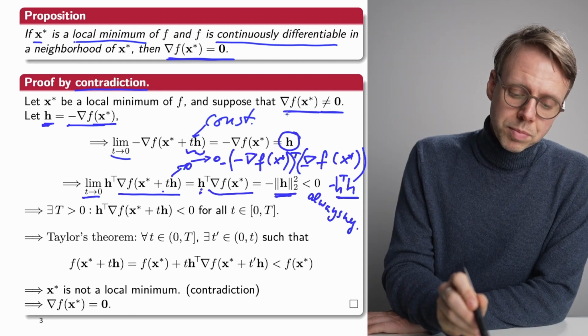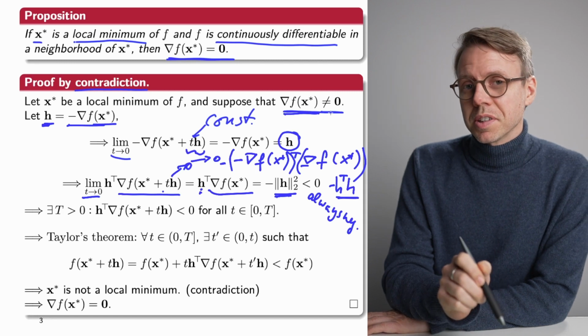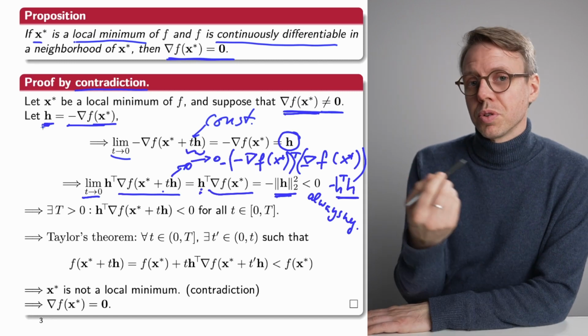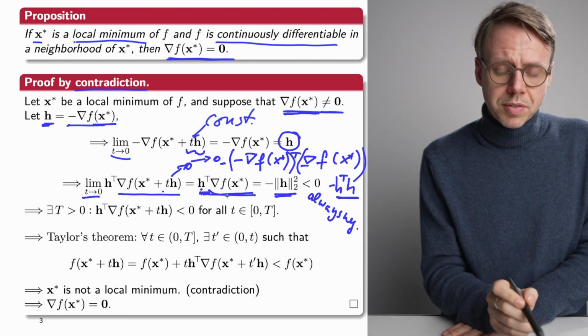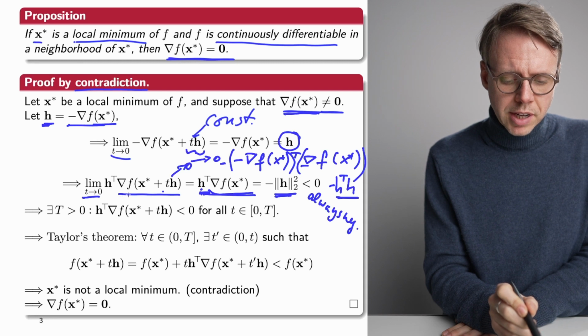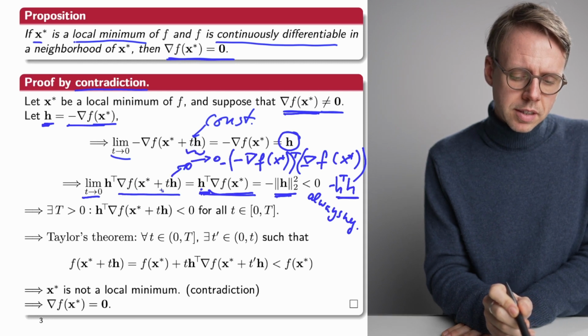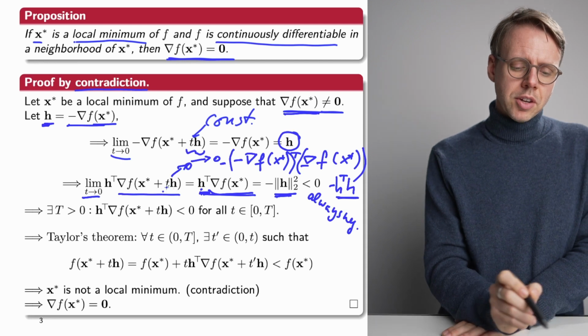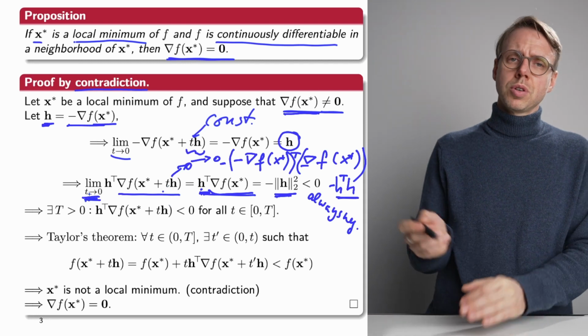But we have assumed that the gradient of f at this point x star is not equal to 0. Thus, h is also non-zero. So this has to be negative here. So what we have now shown is that the product of h times the gradient of f of x star plus t times h is smaller than 0 if we let t go towards 0.